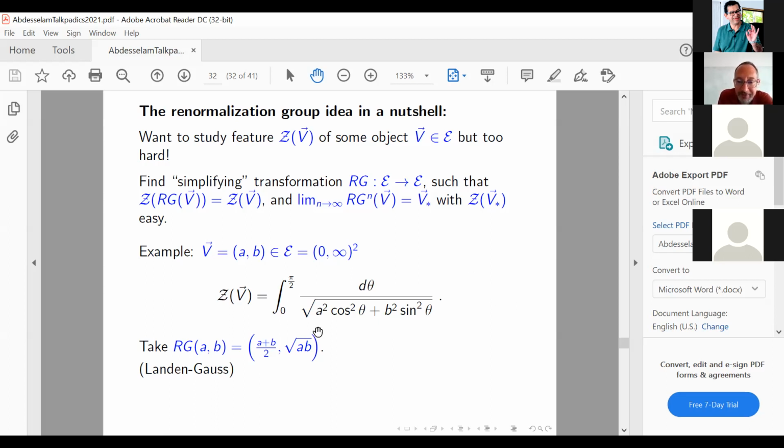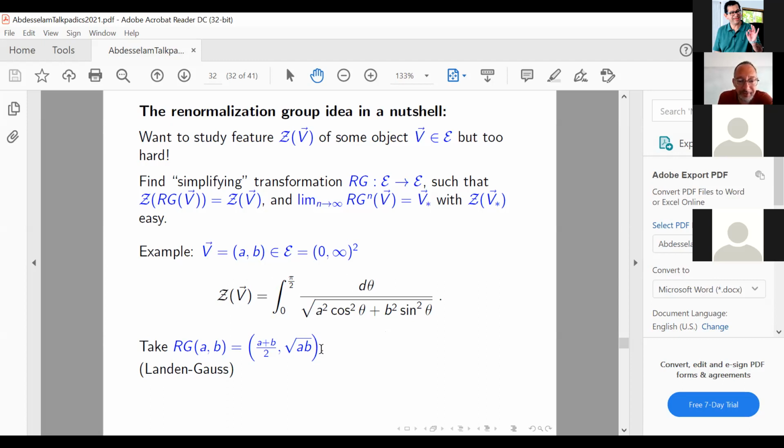So here is a very elementary example. These are elliptic integrals, of course. Here, an object is just a pair of real numbers A, B. So E is just pairs of positive real numbers. Suppose we want to compute this. It's not in our calculus textbook. It's too hard. What do we do? There is a renormalization group transformation. This is the famous arithmetic-geometric mean method by Gauss, which is extremely fast in convergence, actually.